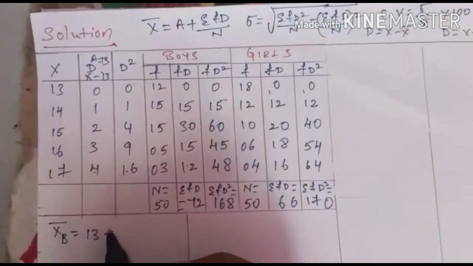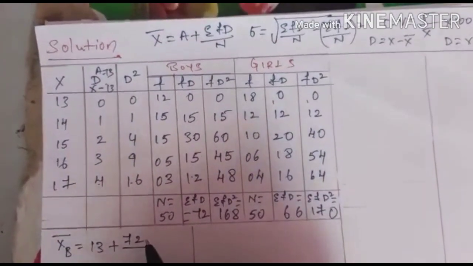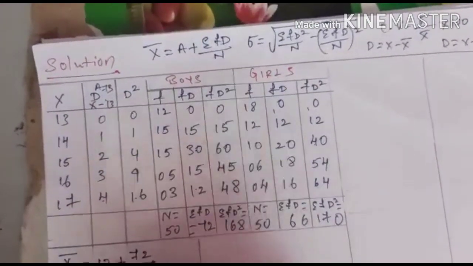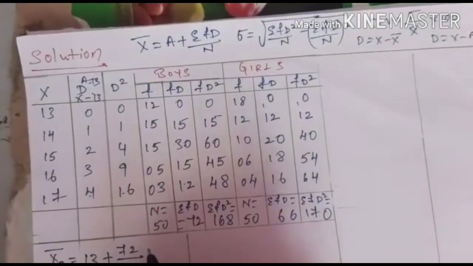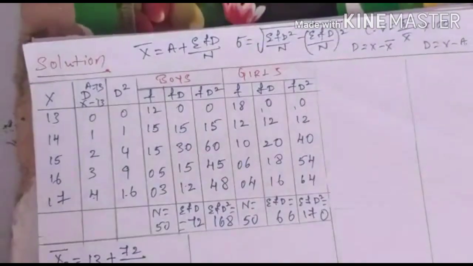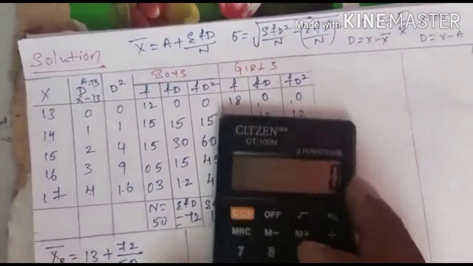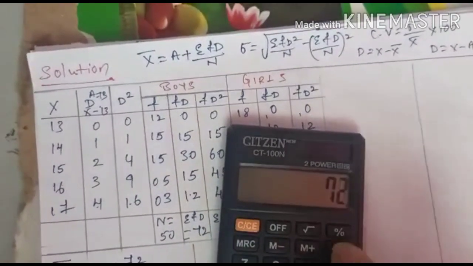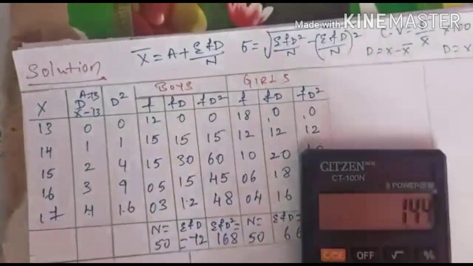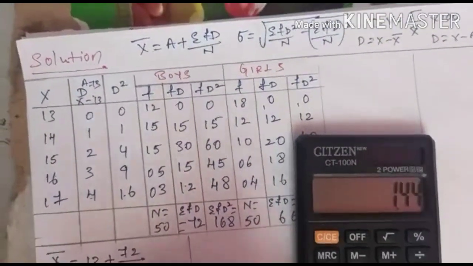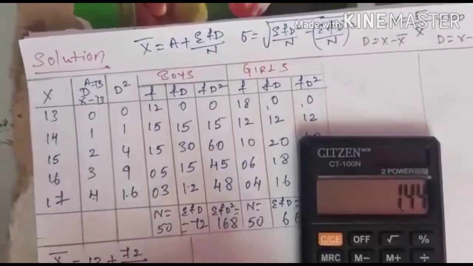So 13 plus sigma fd value 72 divided by n is equal to 50. First divide 72 divided by 50, that is 1.44. Now the mean value of boys is 14.44.